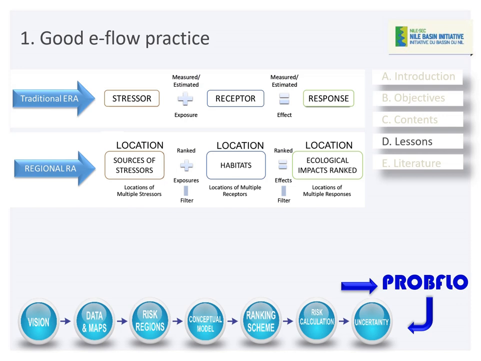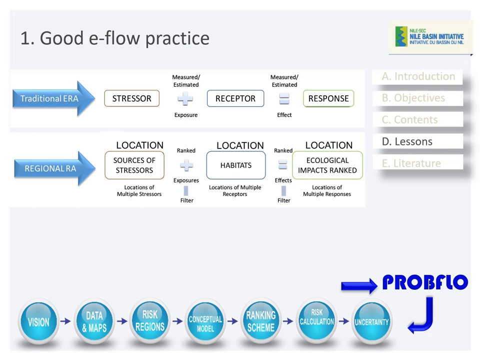That was upscaled in 1997, where on a regional scale, the locations of multiple stresses, the locations of multiple receptors that occur in many different habitats, as well as the locations of multiple receptors that can be packaged into ecological impacts, needed to be considered.